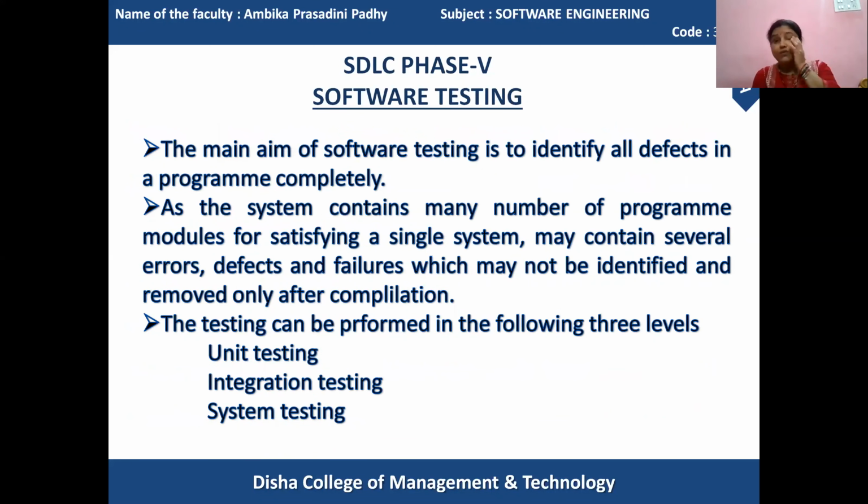After the coding is over, software testing is performed to check whether the system is working properly or not. The software testing is divided into unit testing, integration testing, and system testing.